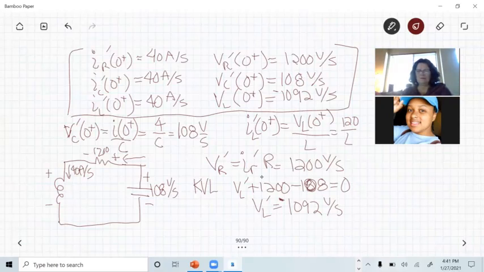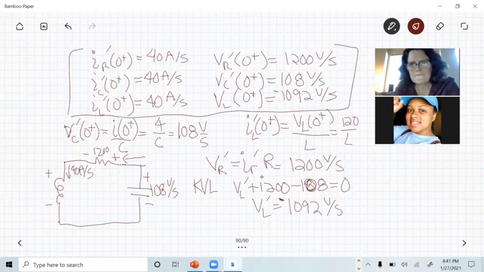Jordan Ramirez wants to know if these types of RLC circuits can be done using superposition or source transformations. Yeah, you could. You can use anything that you've learned in 188, but it's not going to help you much for this particular circuit.